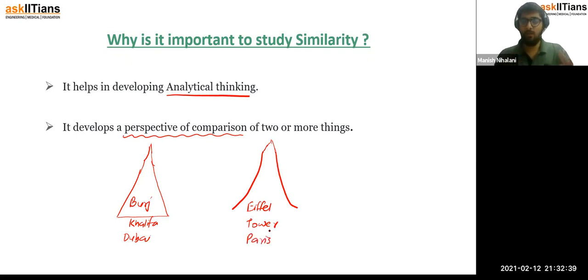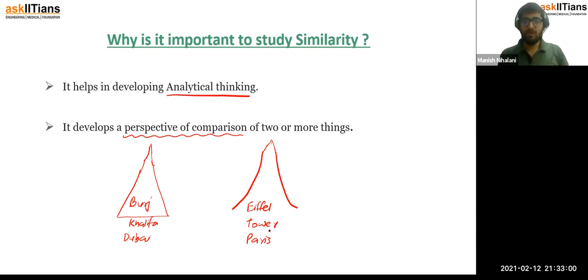Now you can say that both are similar looking structures, but they are not exactly the same. That is how it gives you a perspective of comparison: they are different structures, but they are somewhat of similar shape.